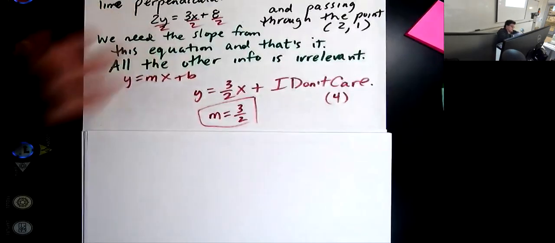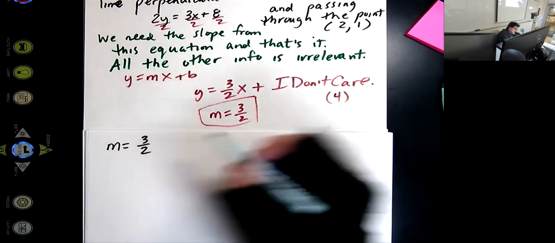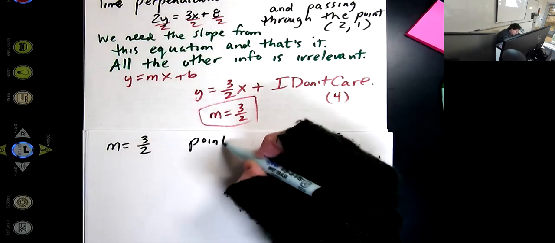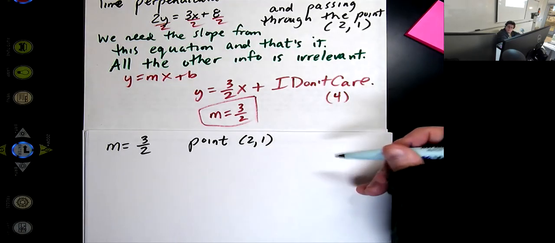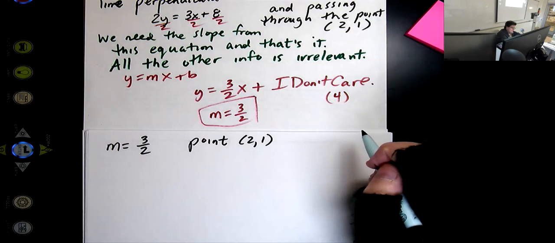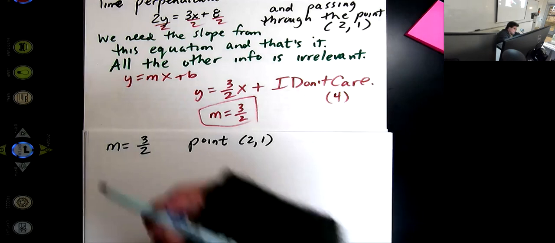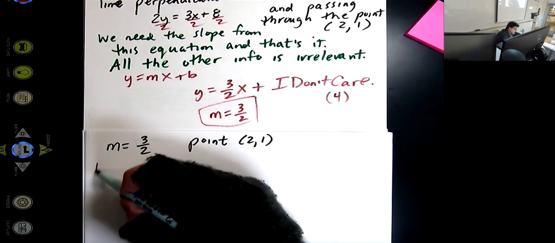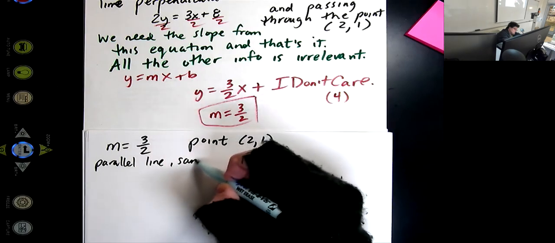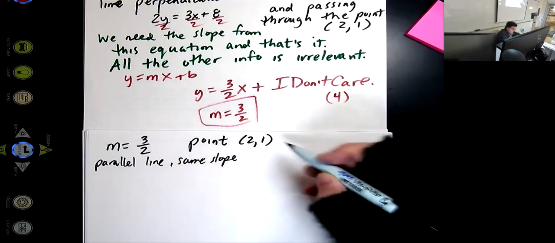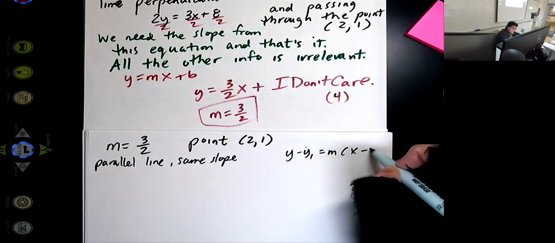So let me write down the information we have. We have m equals 3/2. And we have the point (2, 1). And that's all we need. We don't care about that old equation anymore. The old equation is dead to us. So the parallel line will have the same slope. And in both cases, we will do y minus y1 equals m times x minus x1.